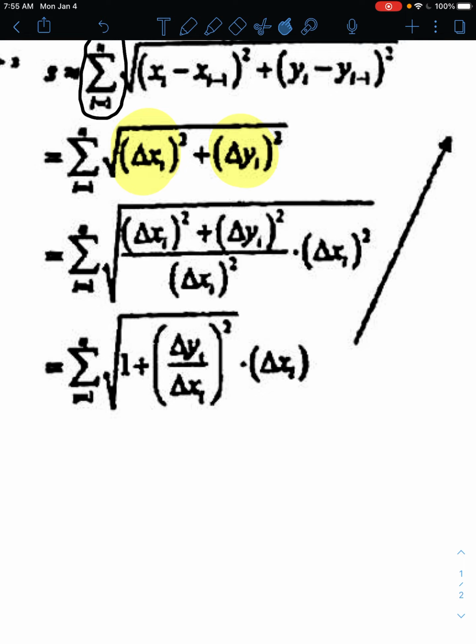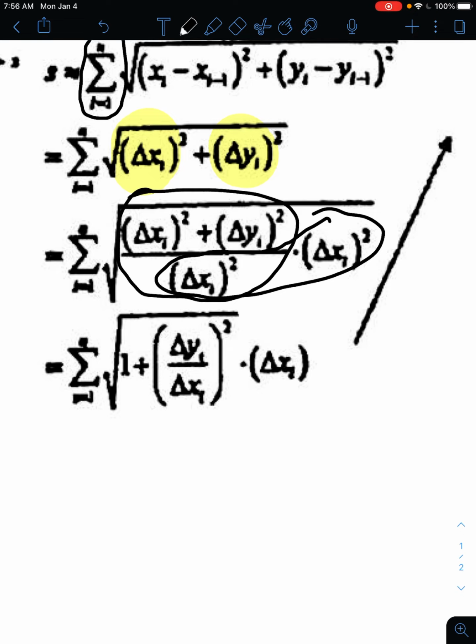And you'll see why here in a second. But they're just doing an operation here to help us clean this up a little bit. So when you divide this part by delta x squared, look what happens. Delta x squared divided by delta x squared is just 1. That's where this 1 comes from. And then you get right here delta y over delta x squared.